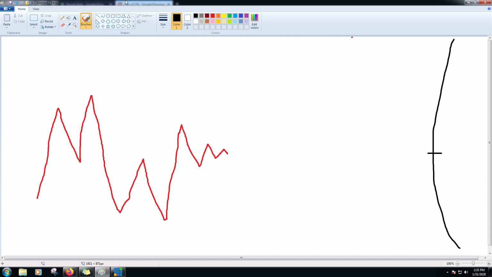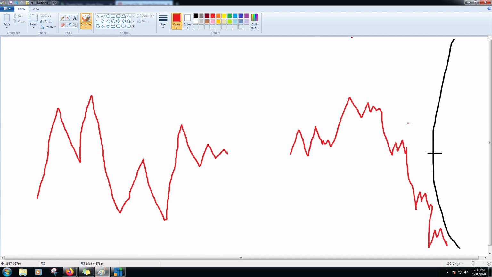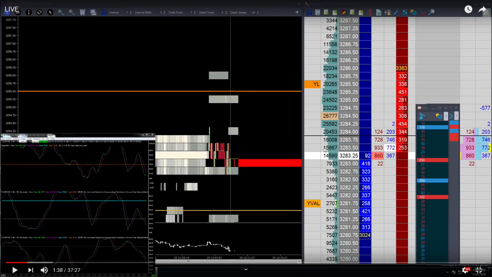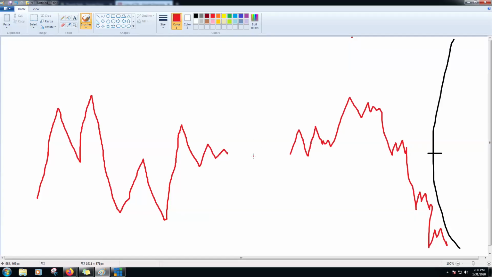There's your point of control. You're going to get this sort of price action, and then it's going to pull up and kind of do this, and then it might come back down and do this, and it might come back down and do this, and it might do that on a larger profile. Okay, so now that we're on the same page, this is why you want it to be about this size.